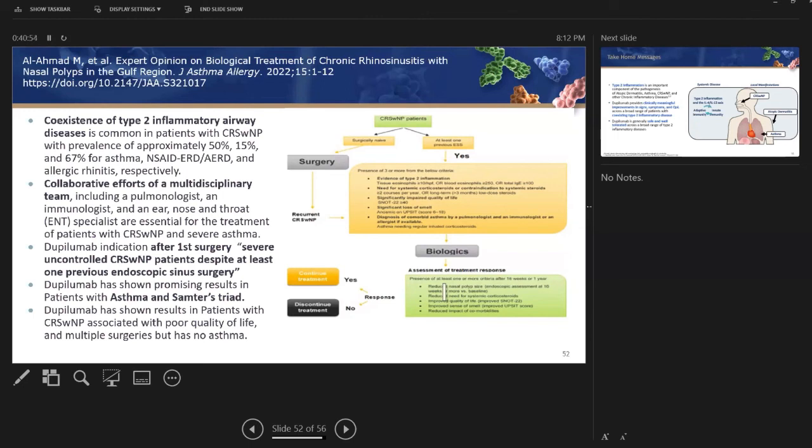You have no strong feelings about starting patients on it, because your other colleagues don't have the same view. They say, look, let us stick to the guidelines. And actually, there are guidelines showing that if we have 4 criteria, we can start without surgery: the presence of asthma, the patient having high eosinophilia, the patient having a disturbed smell. So if we have more than 4 criteria, we can start without a history of surgery.